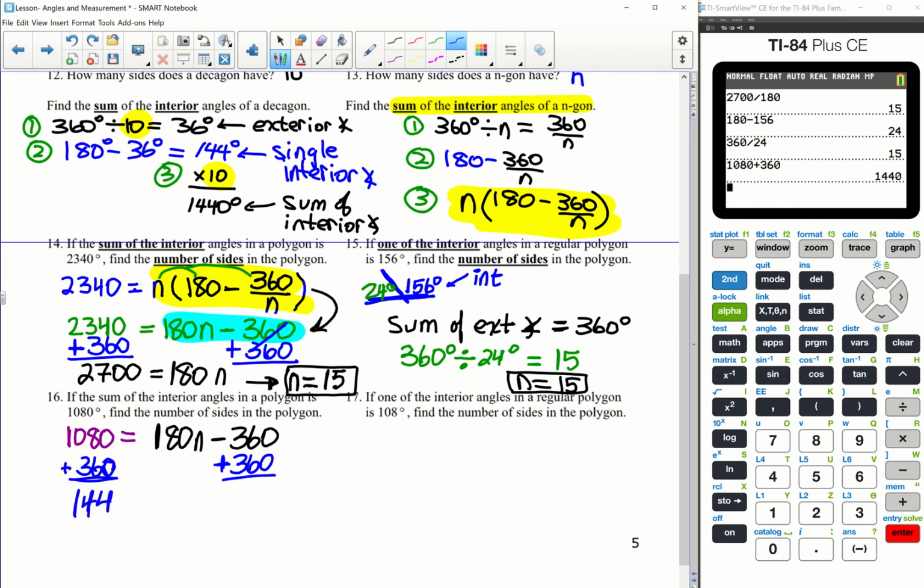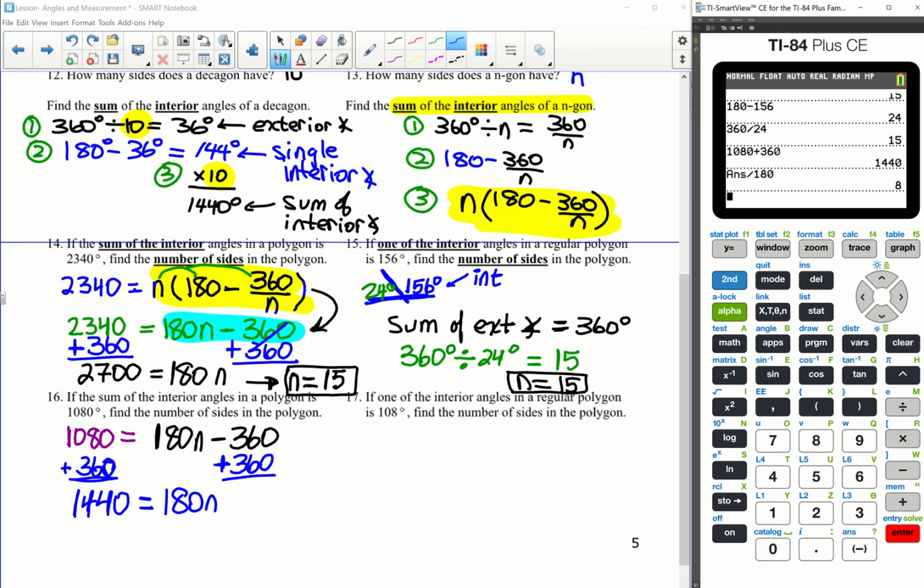So that 1440 is going to be equal to 180 times n. So divide out the 180 and you'll have 8. So we're looking at an octagon.